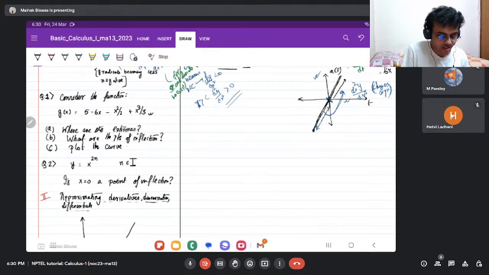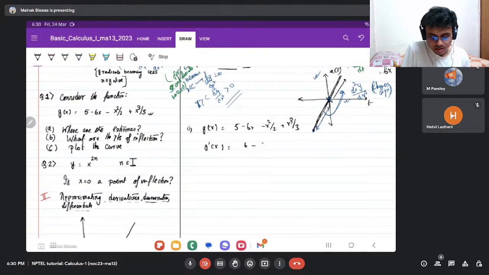So g of x is this. Where are the extremas? So g(x) is 5 minus 6x minus x square by 2 plus x cube by 3, right? So your g dash x is 6 minus x plus x square, or (x minus 3)(x plus 2), right?